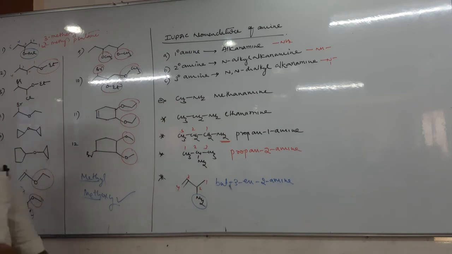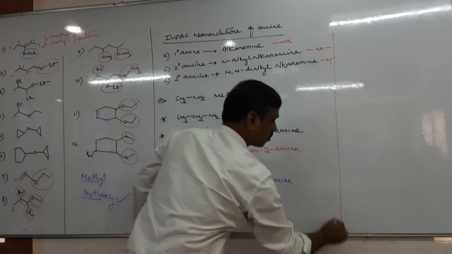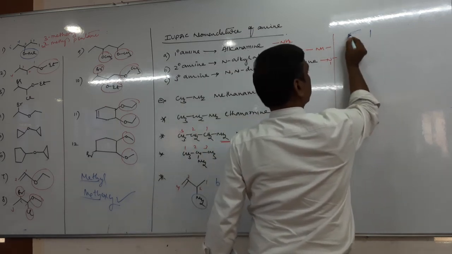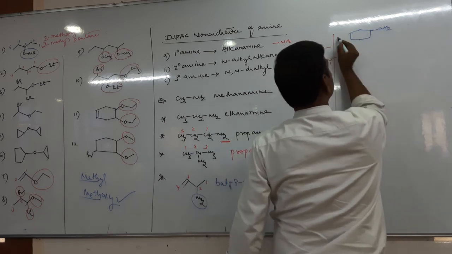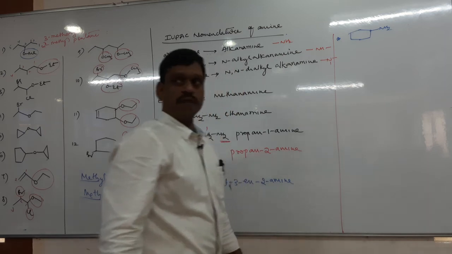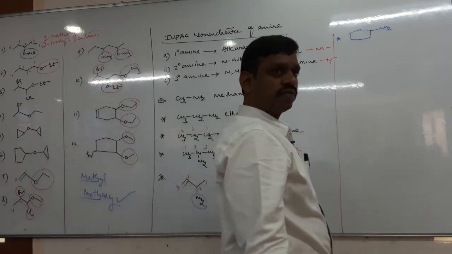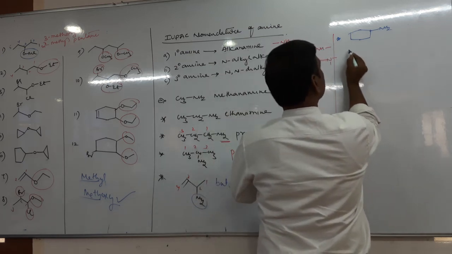Okay, if there is a double bond, triple bond like this, if it is a cyclic ring, tell me, what is the IUPAC name? It is also alkanamine, cyclohexanamine. Cyclohexanamine.